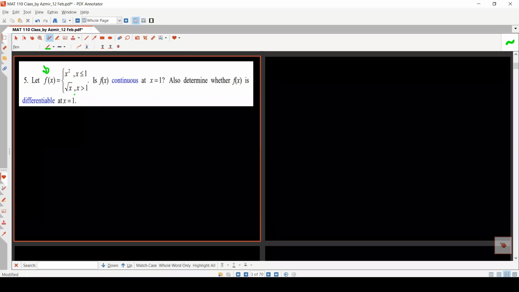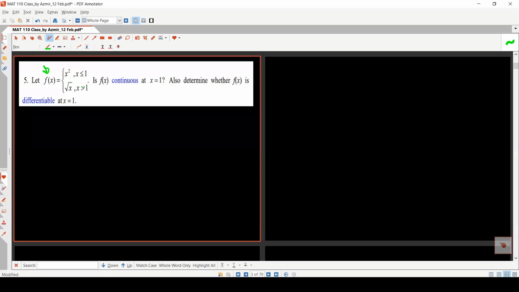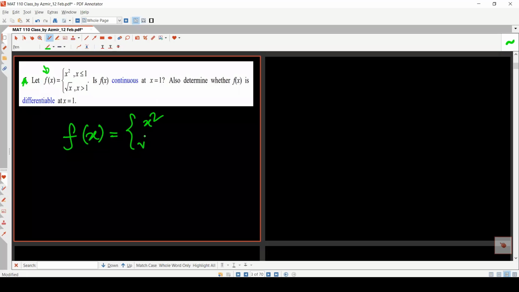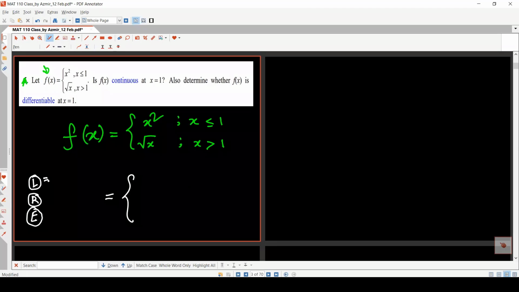So if I take any example, you have to check both continuity and differentiability for the same function. So here we have f of x equals x squared for x less than or equal to 1, and square root of x for x greater than 1. So whenever we have learned the limiting concept, I have mentioned to you that we have to find the L, R, and E functions.